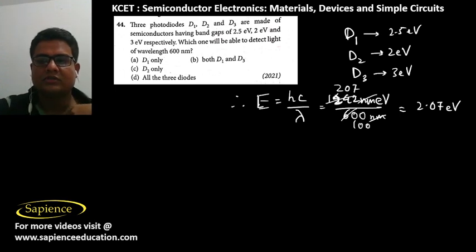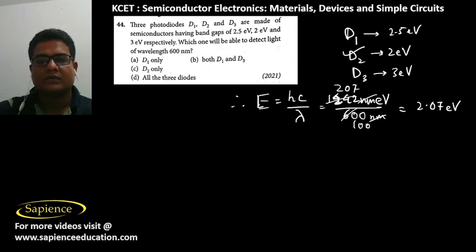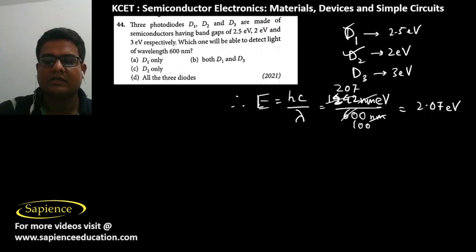So this energy is more than the energy band gap of the photodiode D2, and this energy is less than the band gap for D1 and less than the band gap for D3.